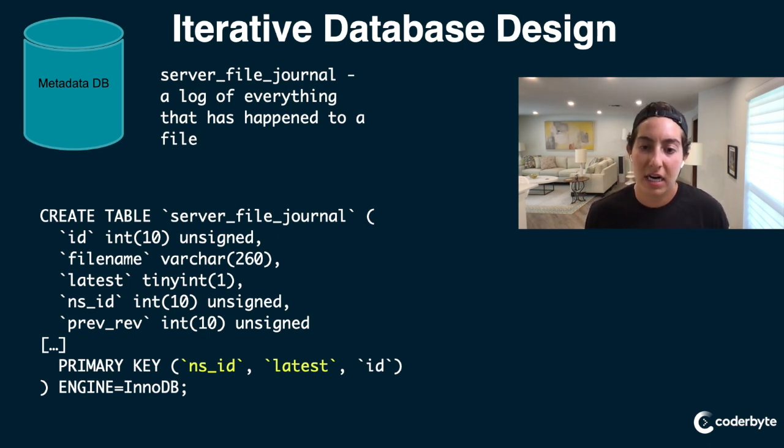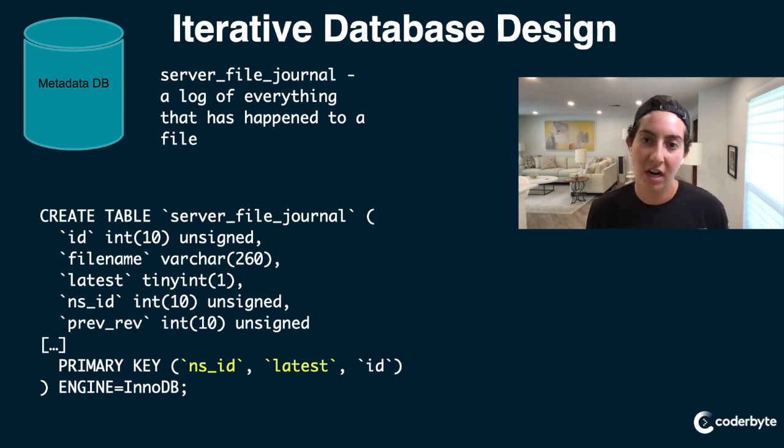And what that accomplished is that the entire table was then ordered by the namespace and the latest, right? And the ID. So that instead of having to look through the entire table when you're looking for a file and the latest file, right?